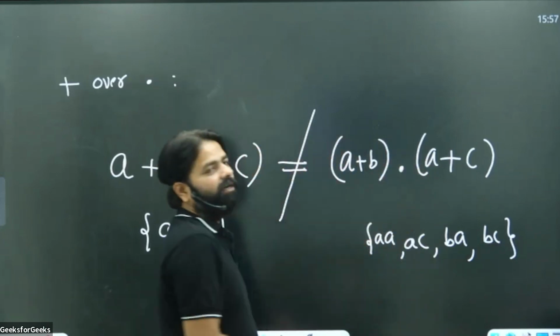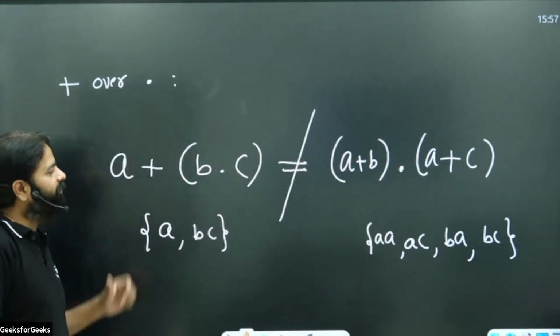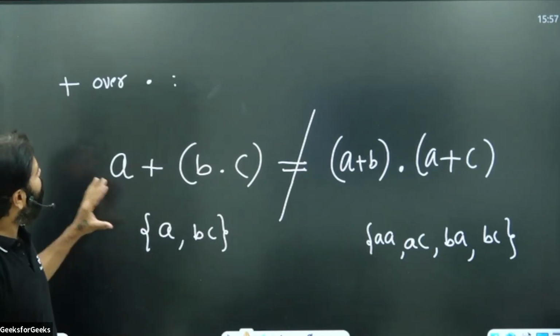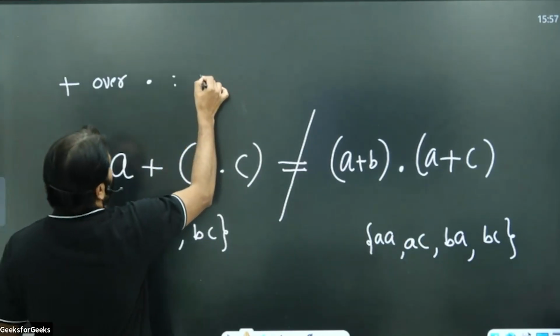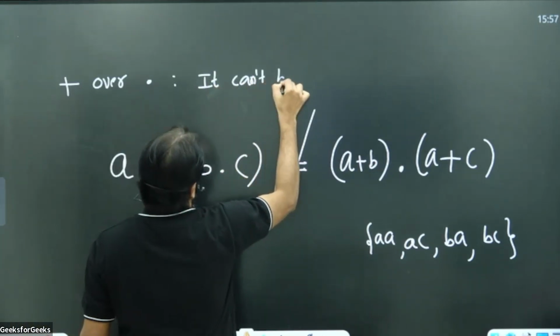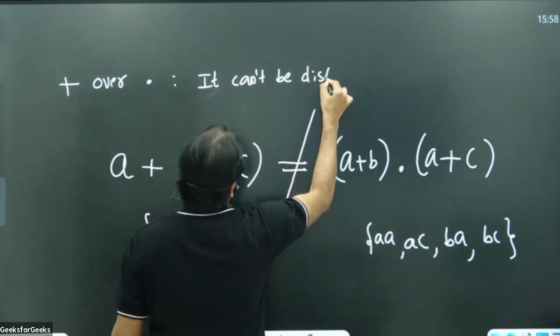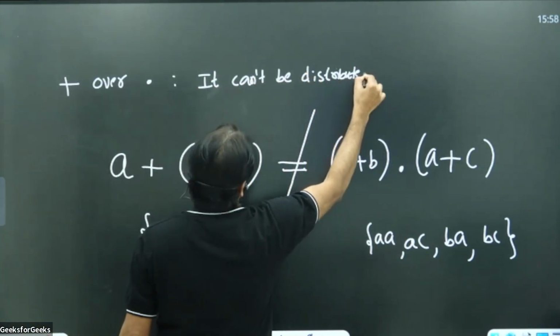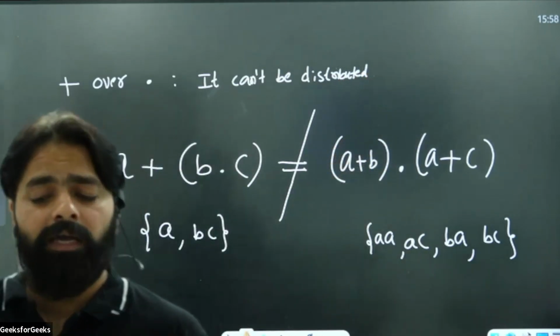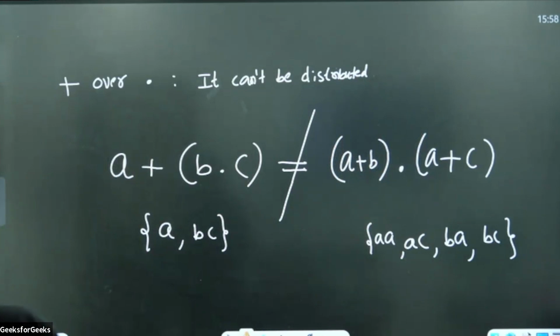Now here four strings come, here only two strings, and if they are equivalent, then both should generate the same set of strings. So that is the reason it cannot be distributed. You can distribute dot over plus, but you can't distribute plus over dot in TOC regular expressions.